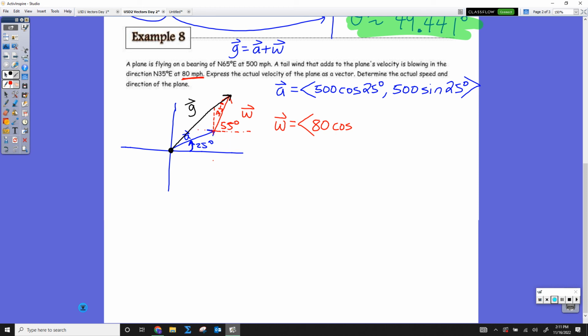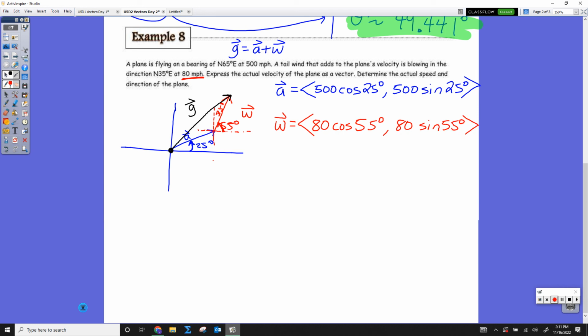Here, I'll extend this out. That's like our x and y axis. This is the angle that we're concerned with. Right, the 55 degrees is our directional angle. It's the angle that's created with the positive x-axis. So 80 cosine of 55 degrees, 80 sine of 55 degrees.